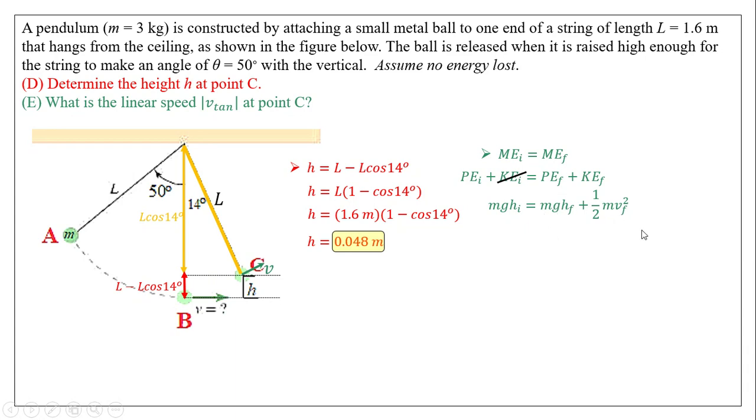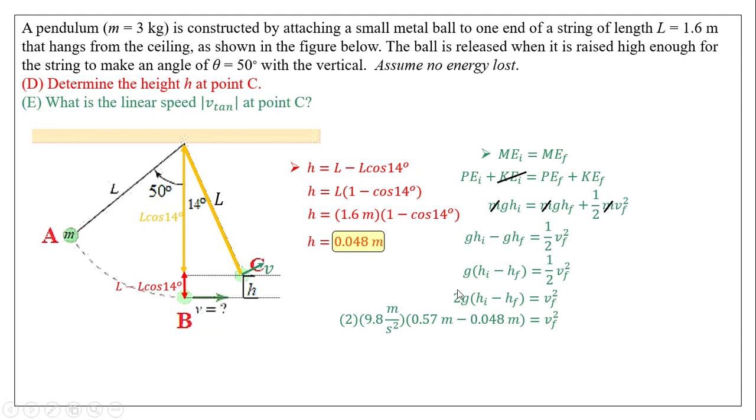So you break all this stuff up, and as you can see, mass cancels out. Here, I'm just going to move g hf to the left side, which makes it negative. And then I'm going to multiply everything by 2. Once again, I factor out the g there. And then this is vf squared, so I want to plug and chug. 2, g is 9.8, not negative 9.8, right?